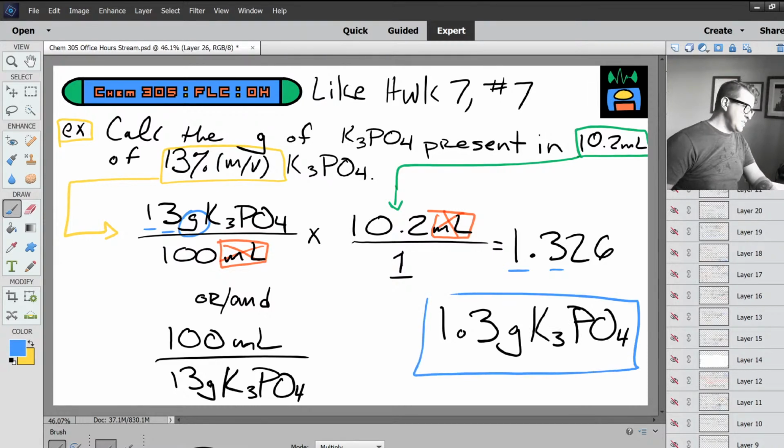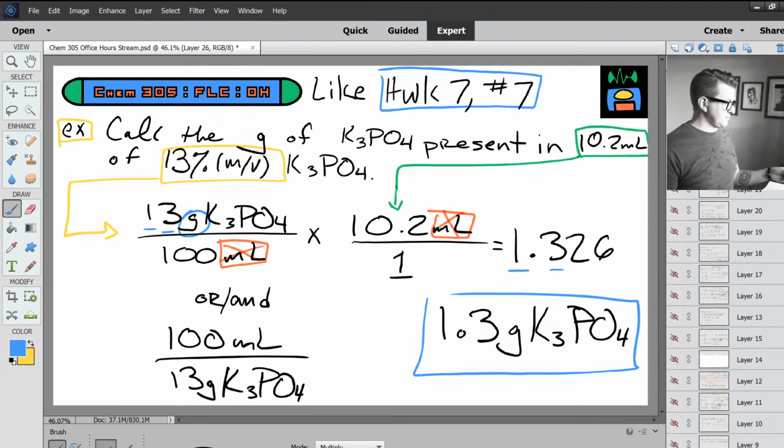Different numbers, different compound, but that is the process for solving a problem that is like homework 7, number 7. So that is that business.